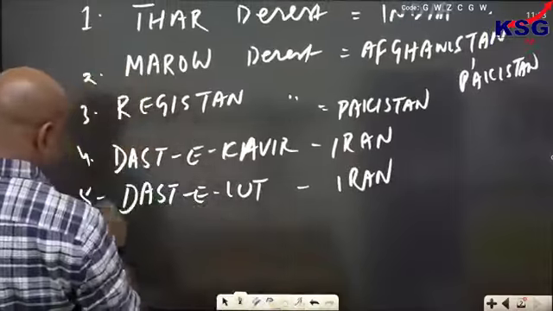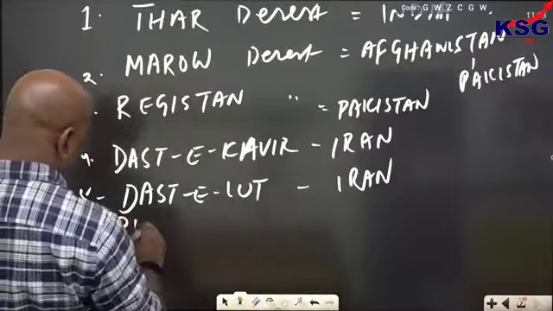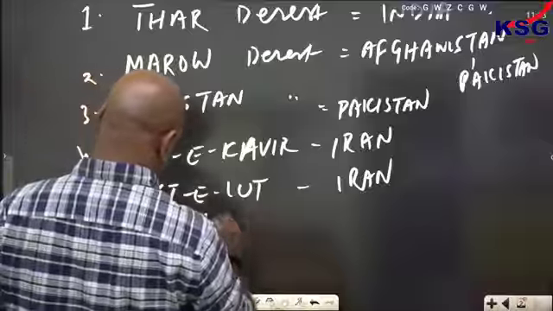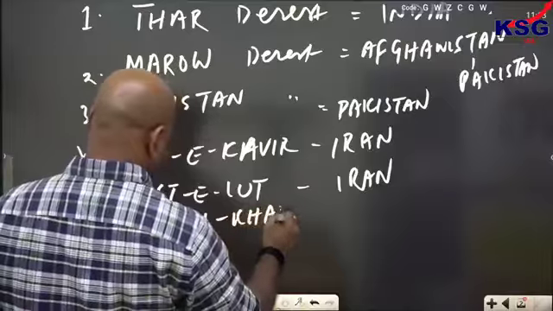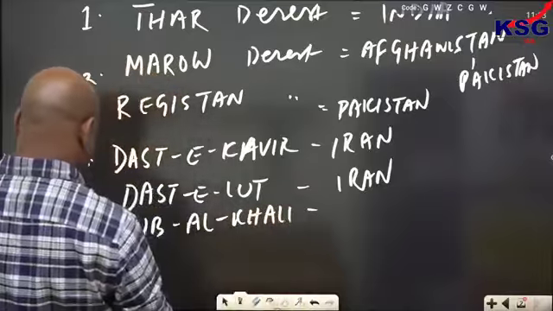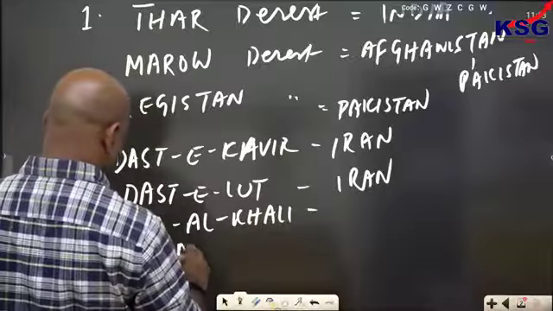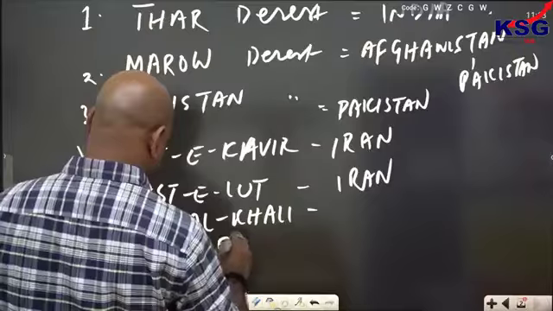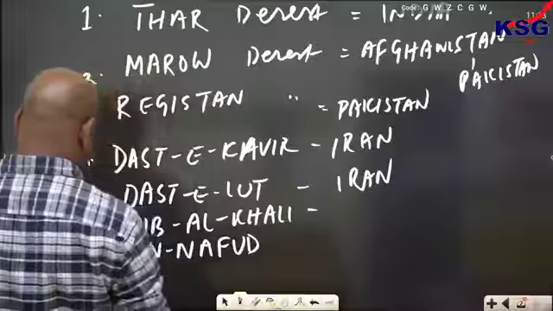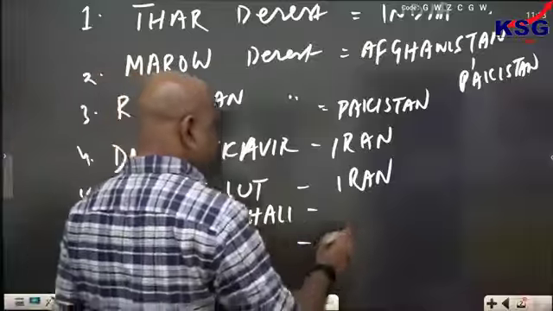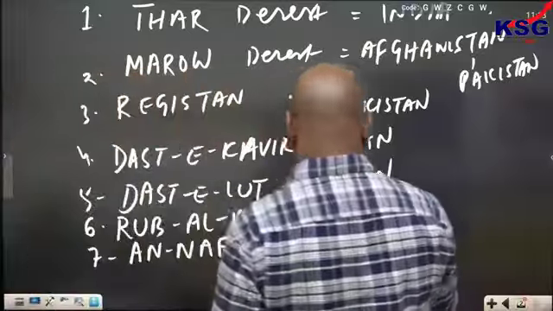Okay. Sixth one, Rub al-Khali. We have An-Nafud. These two are in Saudi Arabia.